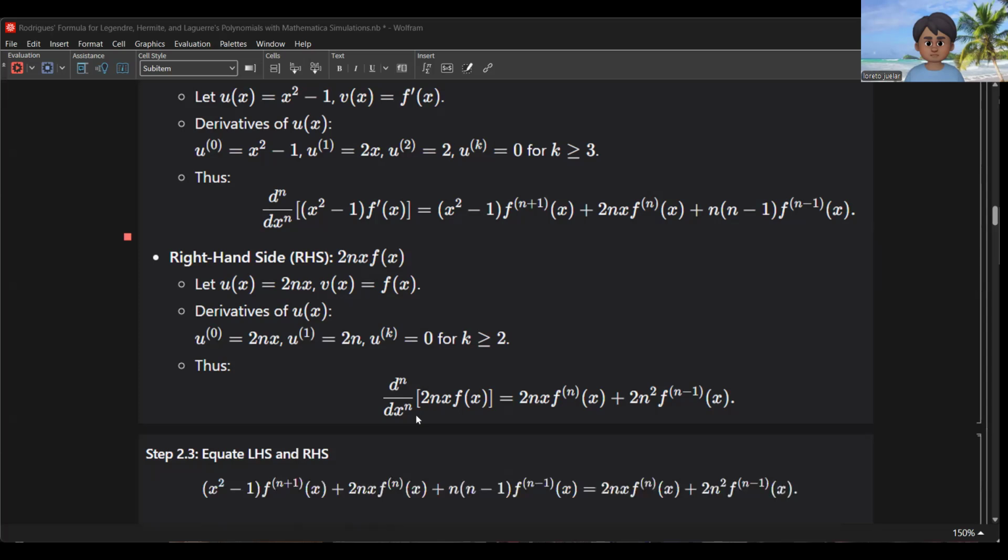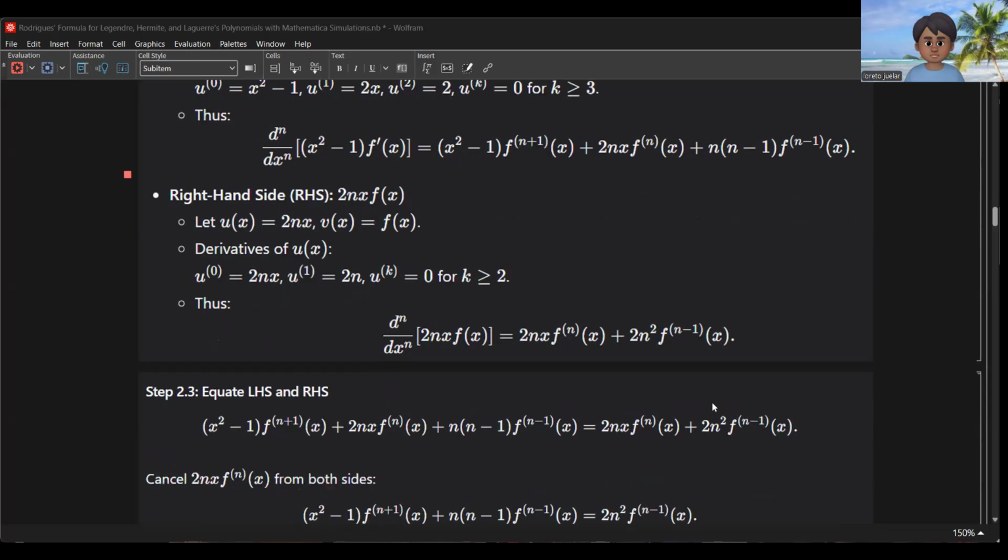So the n-th derivative of 2nx f of x is 2nx times the n-th derivative of f, plus the combination of n taken one at a time, which is n, times 2n, which is 2n squared. We decrease the derivative, so this becomes the n minus 1 derivative of f of x.